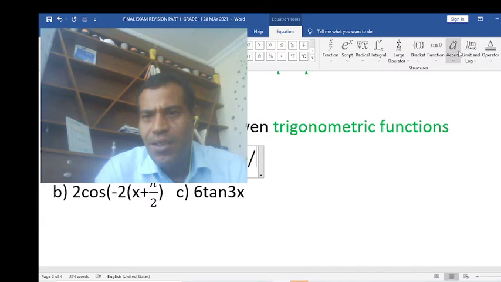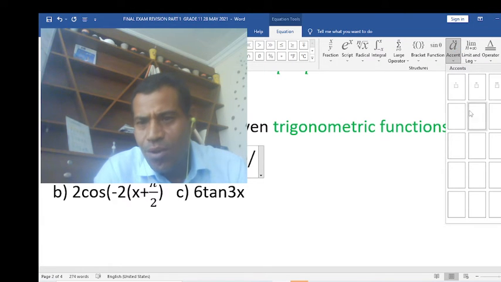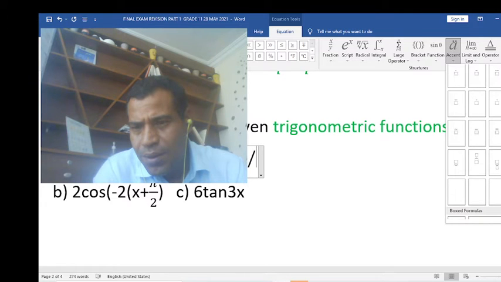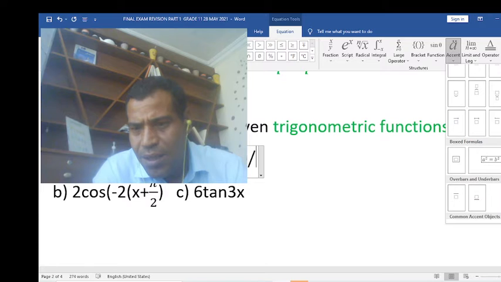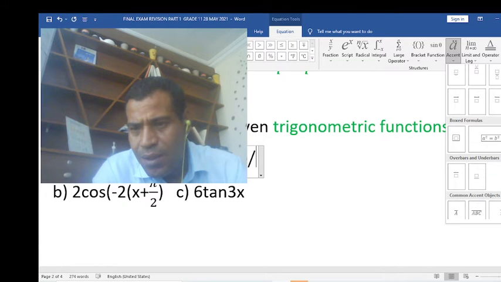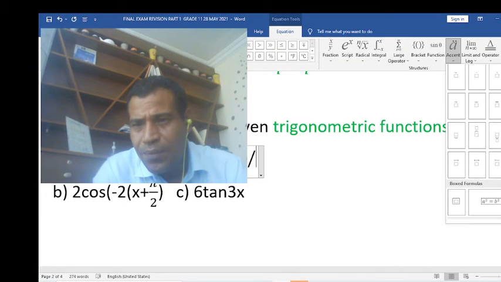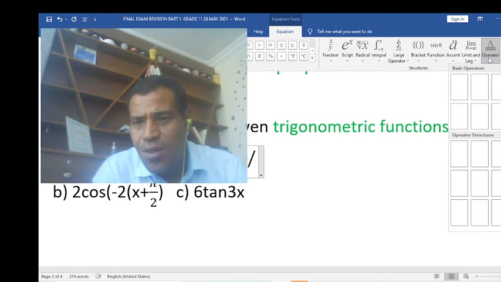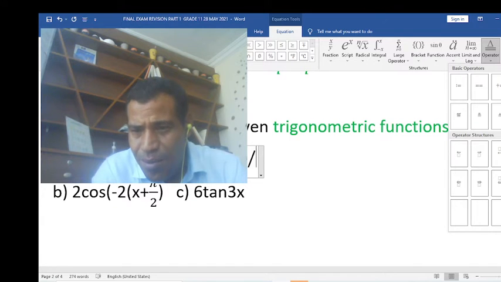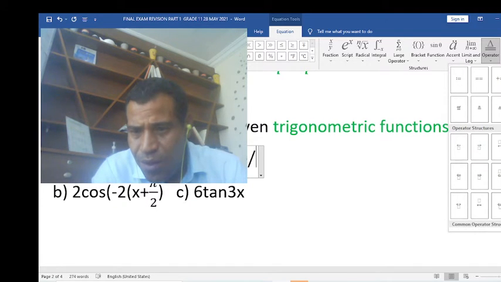I will just search for the symbol. I wish that I can find it here. Magnitude here is not. Operators, I will go to operators. I wish I find the symbol of it here, my learners.